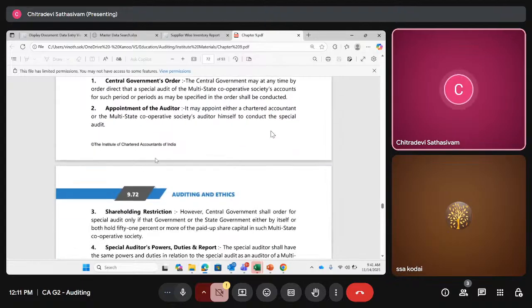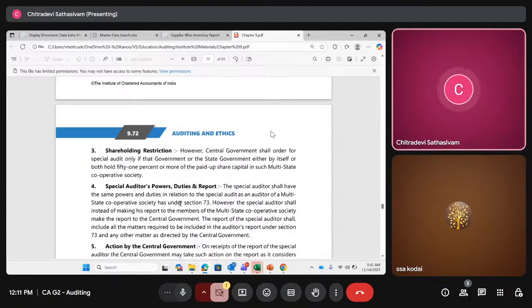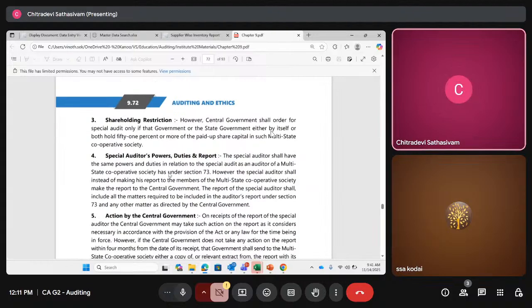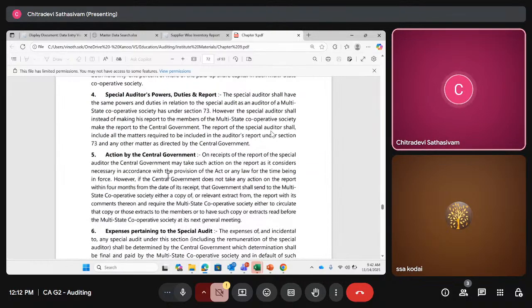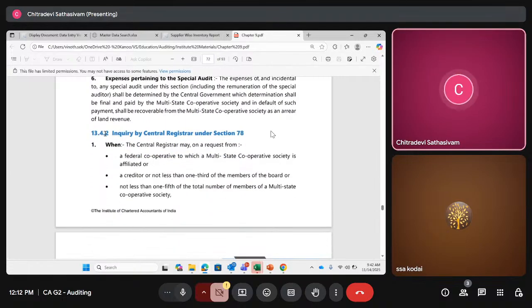Same thing, shareholder restrictions are all here. There you saw not more than 20%. Here also it is the same, like 51% or more. So the limit restrictions are there. Same headings will be replicating over here, and inquiry by the central registrar. This is also very important.